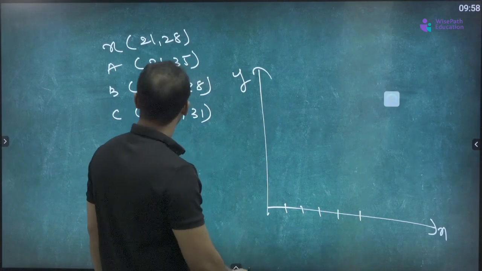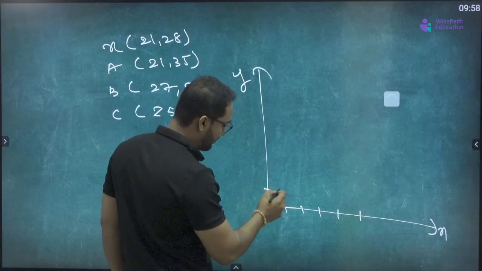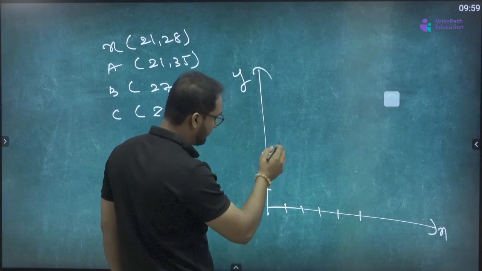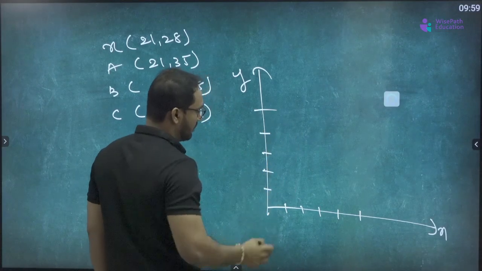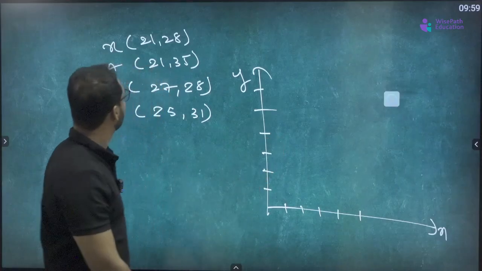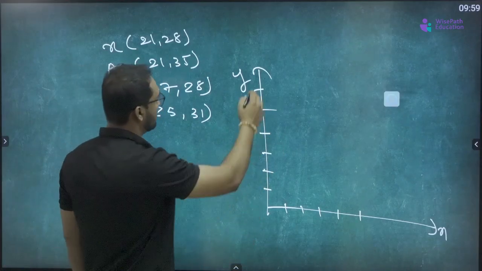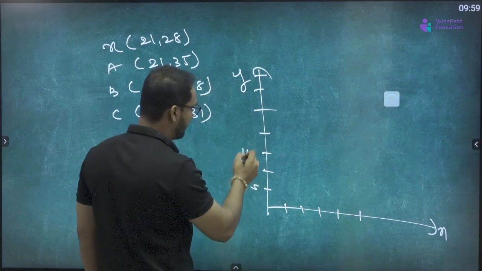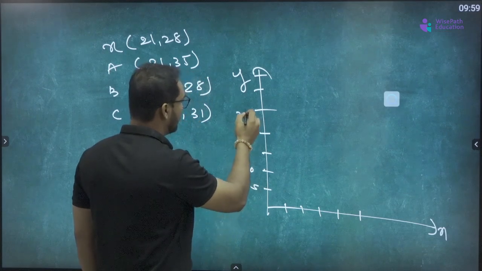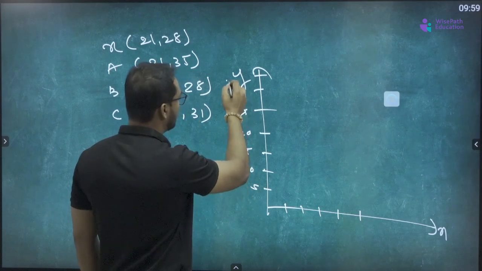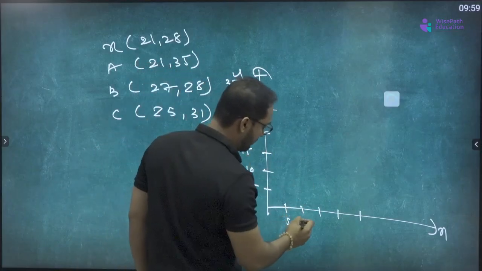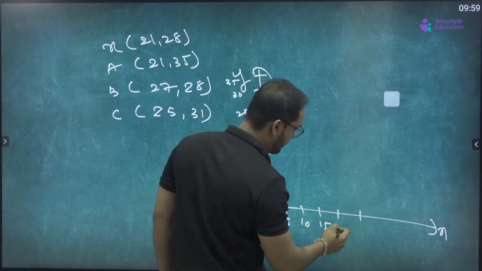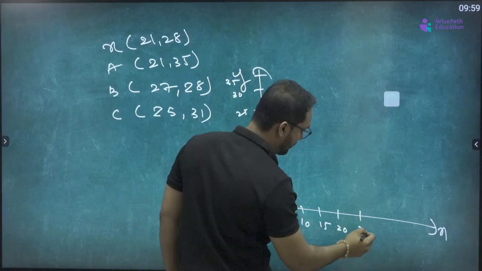And on the other side, 5, 10, 15, 20, 25, 30, 35.